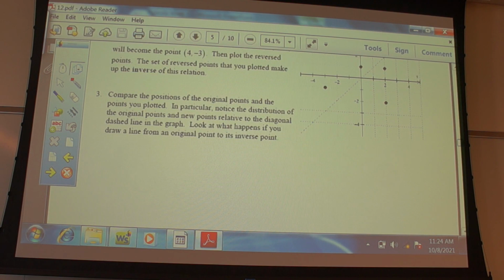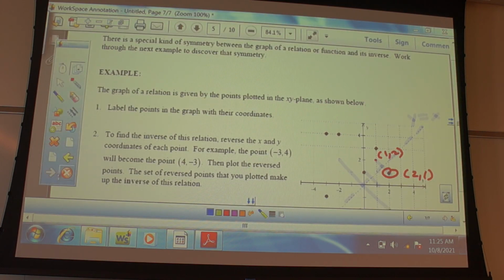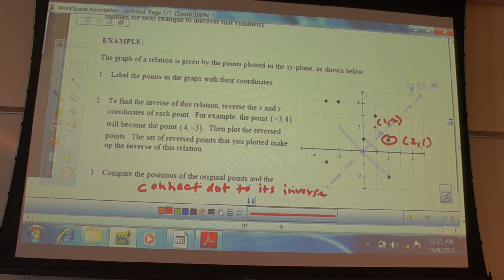Yes, connect the dot to its inverse. So I'll write that: if 3 is unclear, then next to 3, connect dot to its inverse. Make sure that you understand that that's what 3 is asking you to do.